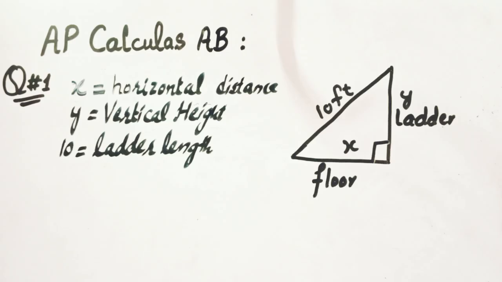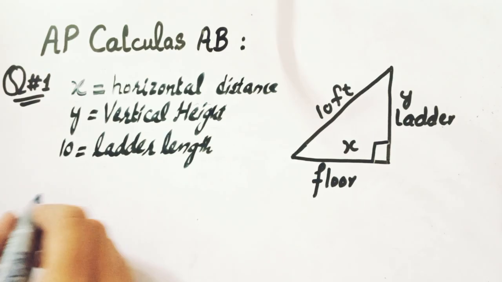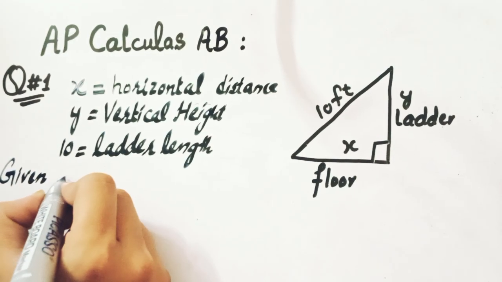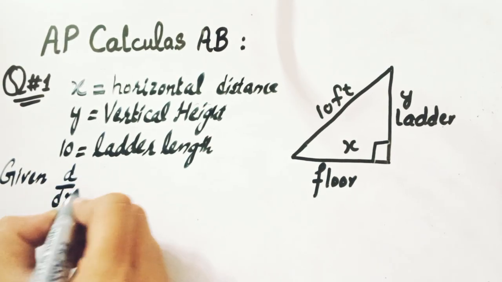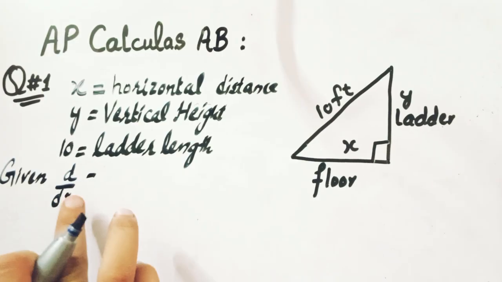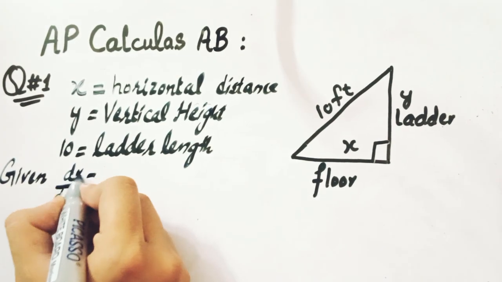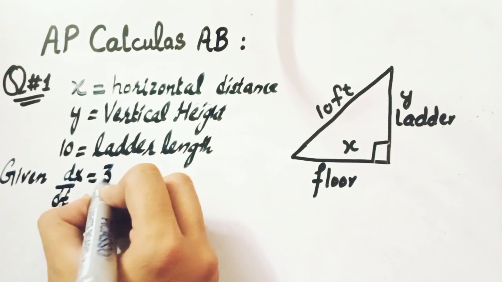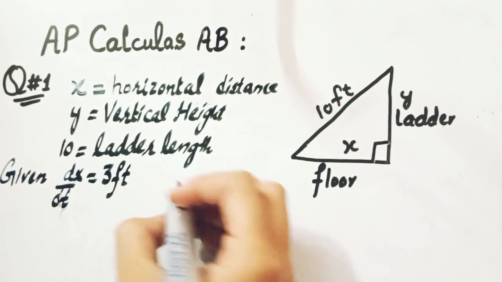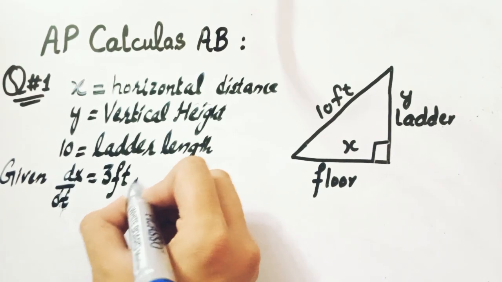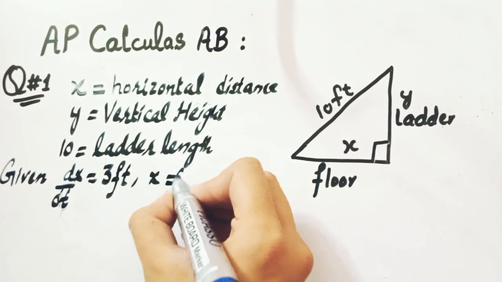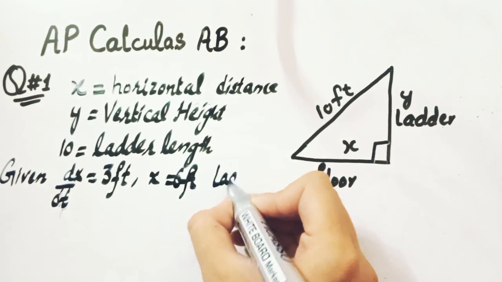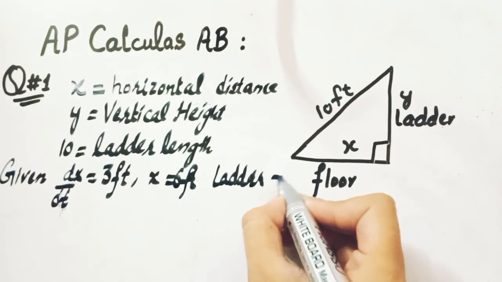Now how will we solve this? This is given: dx by dt equals 3 feet per second, and x equals 6 feet, and the ladder equals 10 feet.